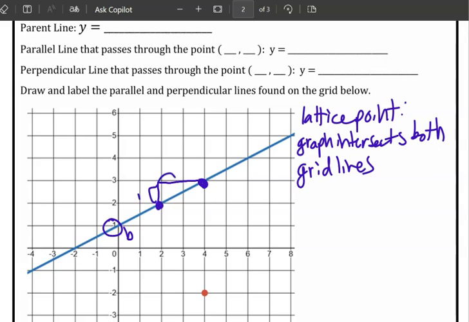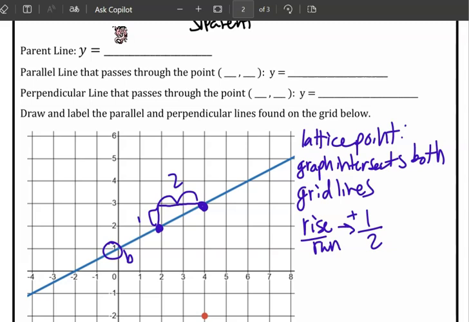Rise 1, run 2. It's a positive slope. That means our parent line is y equals 1/2 x plus 1.